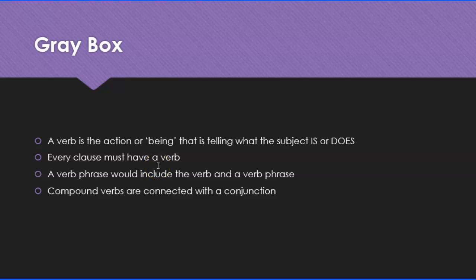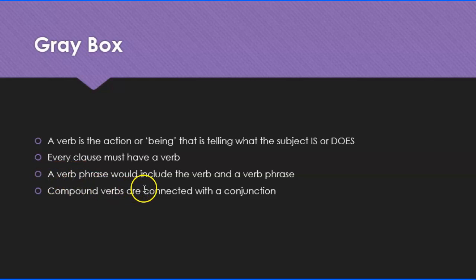You also need to remember that sometimes a verb will take on the word to or will have an ending of ing, and then that becomes another part of the sentence. So be careful. Don't just look for an action word, but look around it to see what other words are with it.